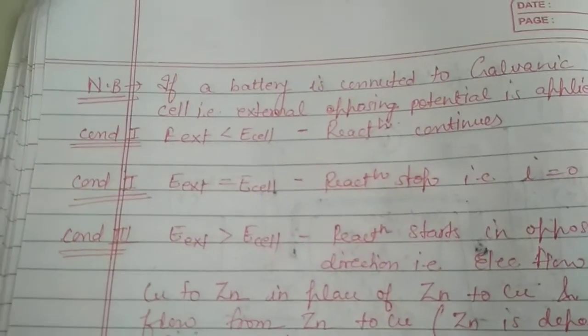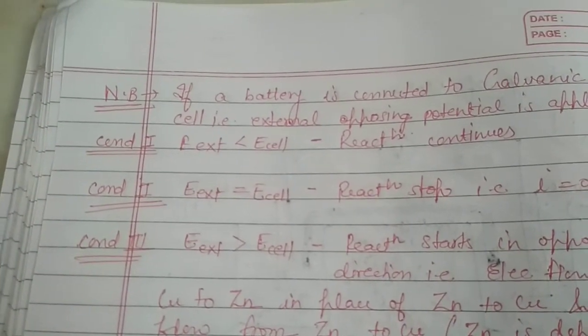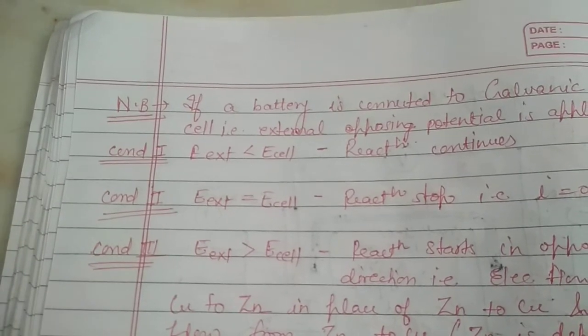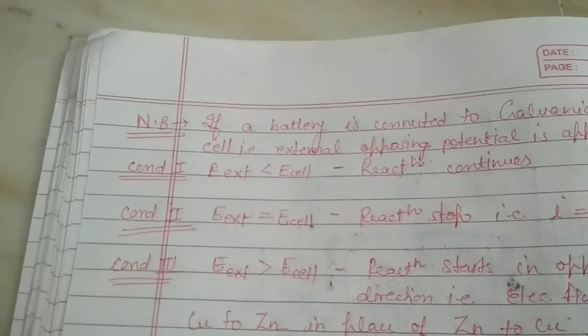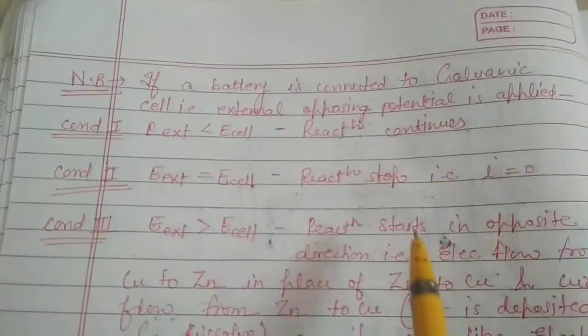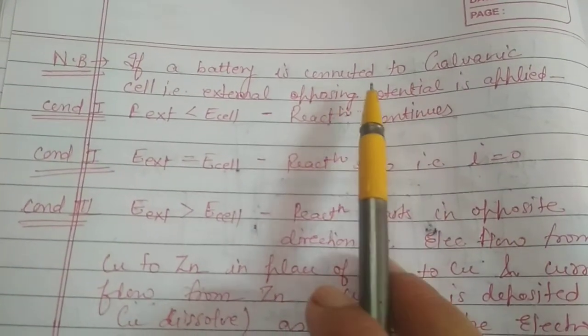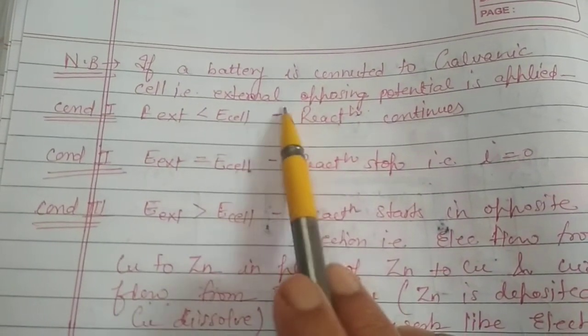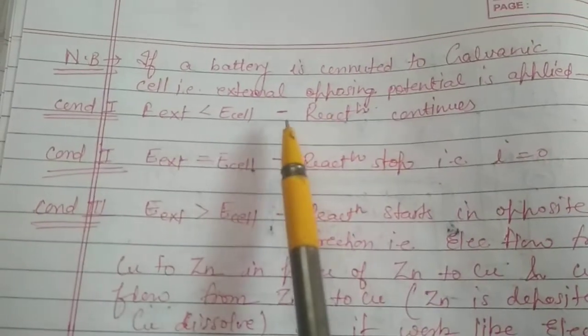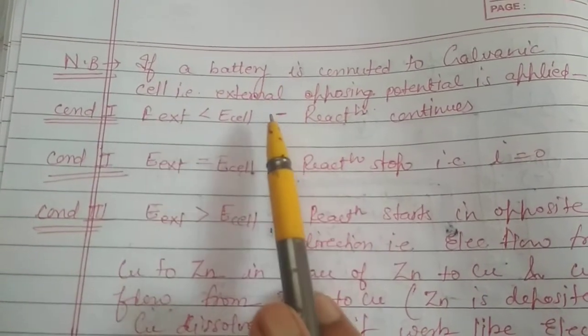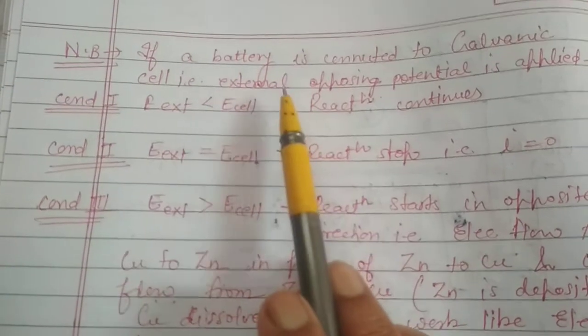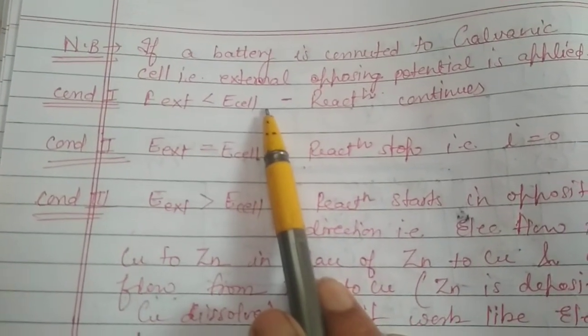To the galvanic cell there must be some electrode potential developed, that's why the current is flowing. So to the EMF of the cell we are connecting a battery and providing an external opposing potential to the cell. Then what will happen? There would be three conditions created.